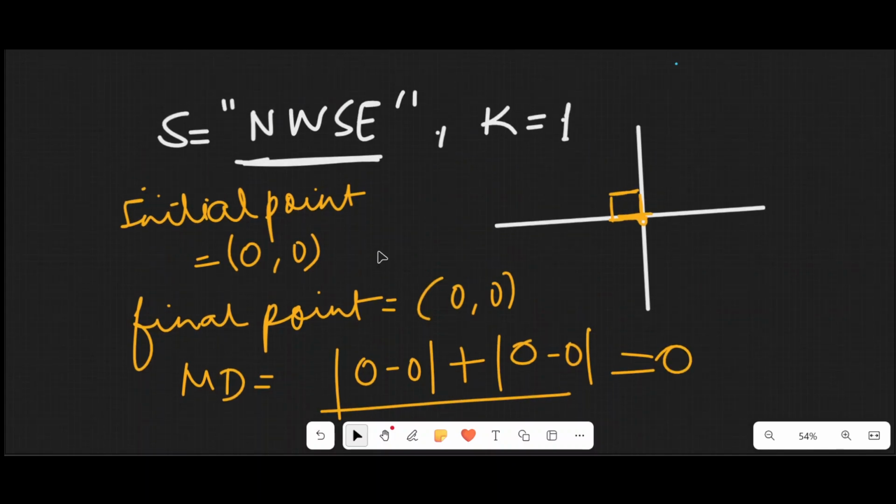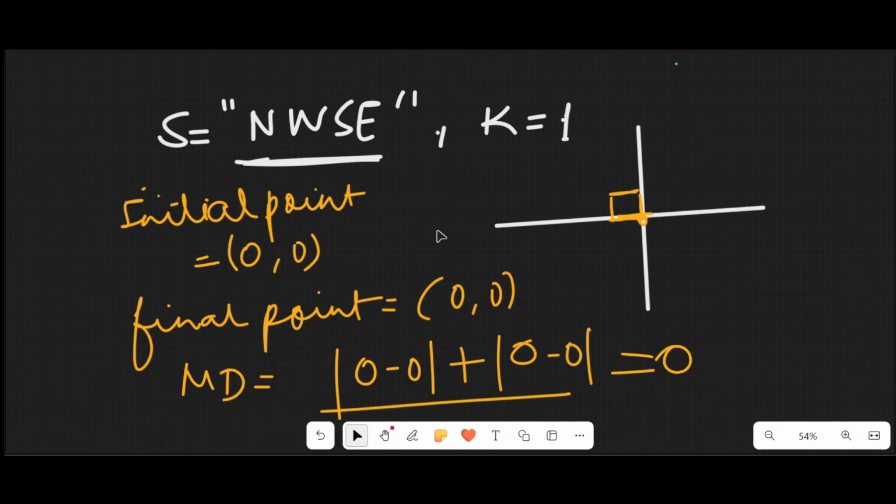But here it has said that you can change any of these characters at most k times, right? Like here 1 is given, so either I would not change any character and keep it as it is, or maybe I can change any of the characters 1 time, right?